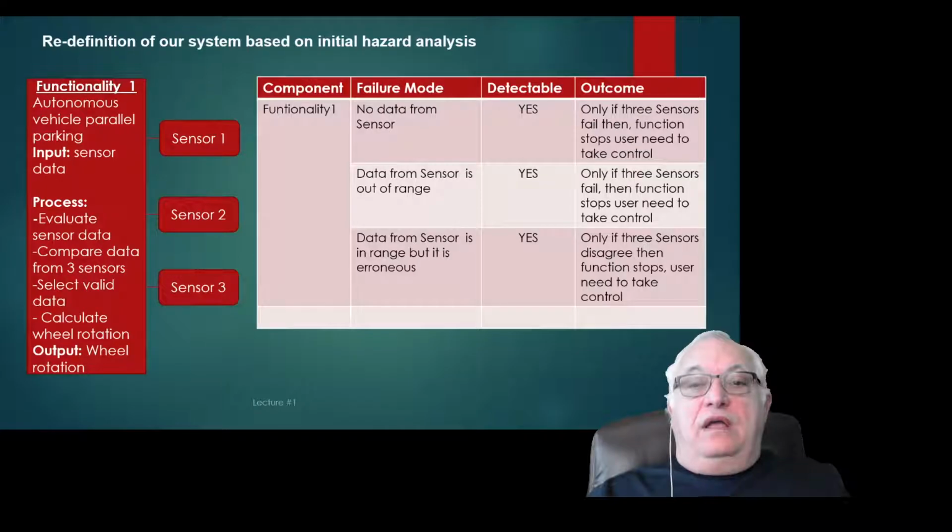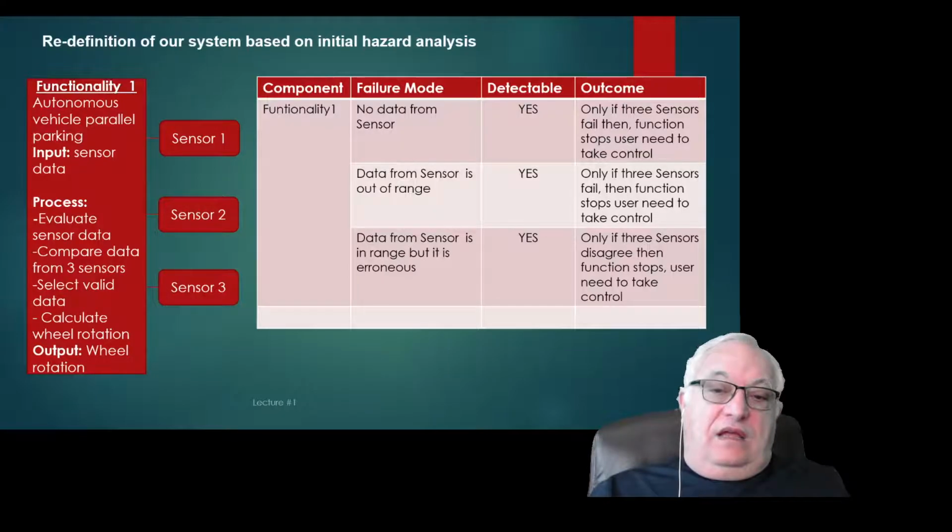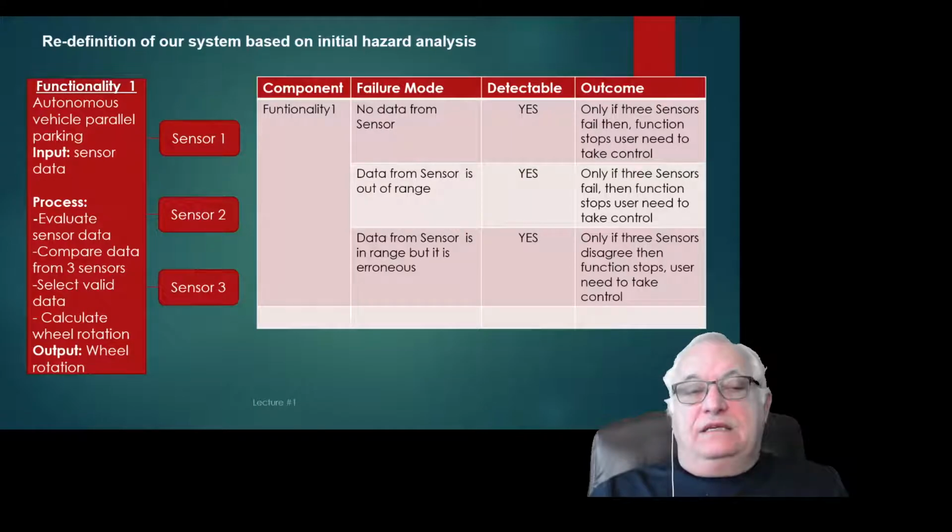So now at this point we should look back at the software, and we have to realize that if the software mishandles the input from the sensors, then you could end up with, again, going back to the hazard analysis we had before, hitting another car or somebody getting hurt.